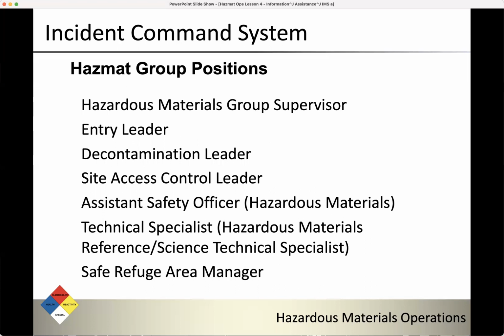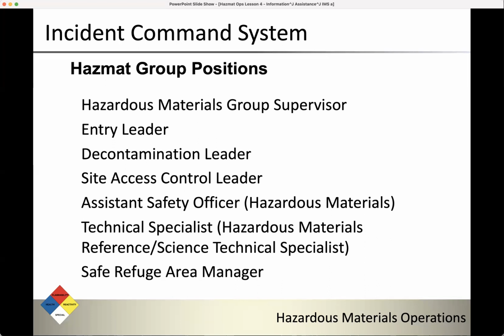You could have the hazardous materials or hazmat group supervisor. They're the ones that report to the operations section chief. You can have an entry team leader, a decontamination leader, site access control leader, and an assistant safety officer for hazardous materials specifically. You have a technical specialist.